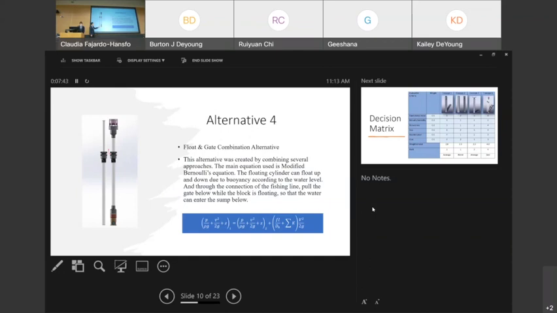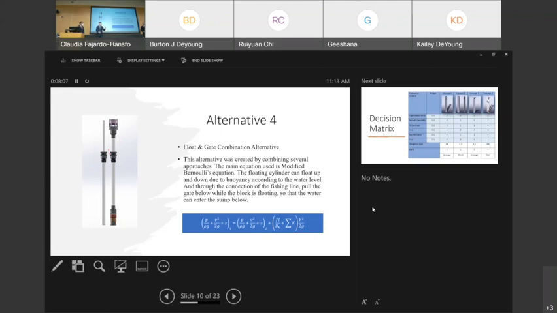We connected the two parts together with fishing lines. So once the water level goes up, the purple cylinder will float and lift the bottom gate, which allows water to pass through. And if the water level is not high enough, the cylinder will return to its initial position and the gate will be closed.